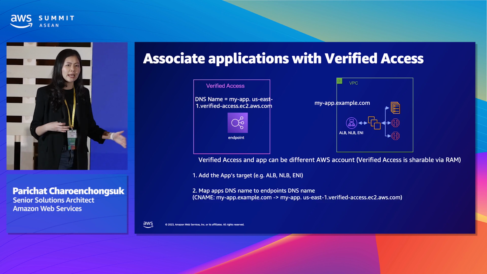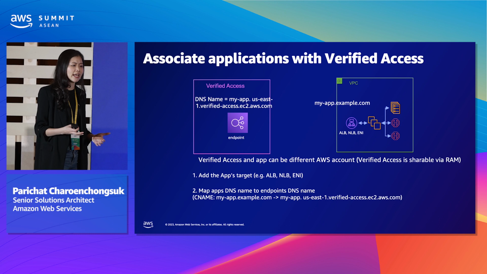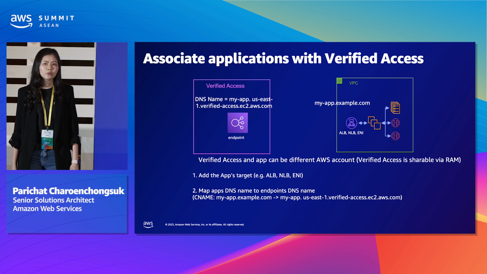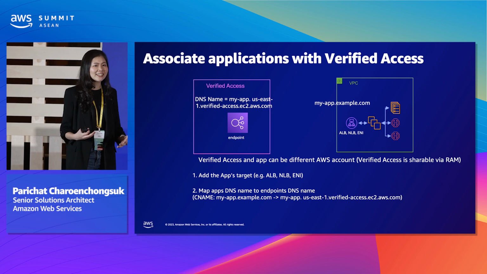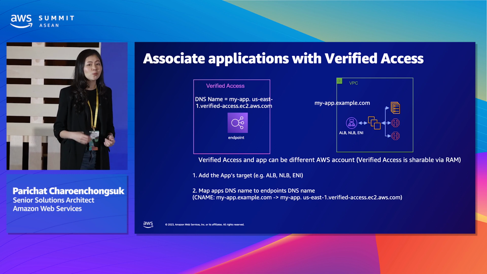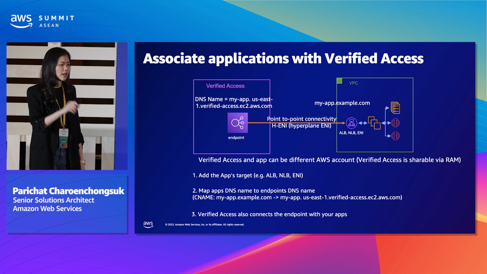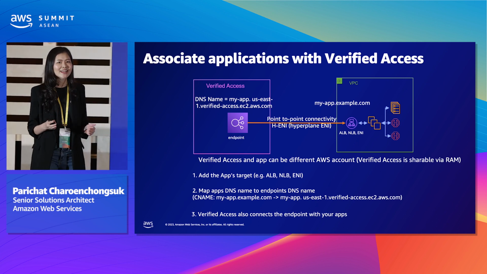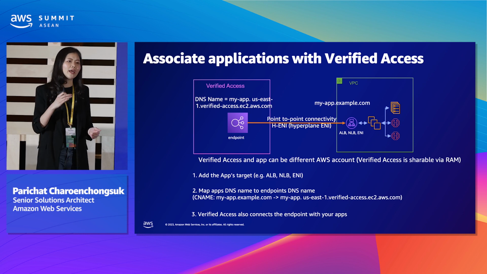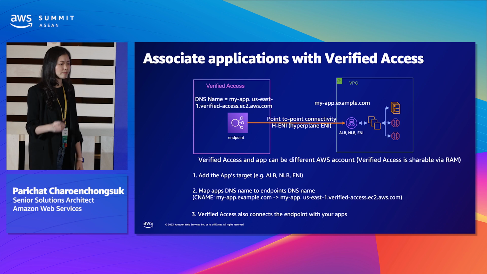Then you do the CNAME mapping to map your application name with the DNS name that Verified Access provides, so that your user can access the application with the same name. And then all requests will come to Verified Access, and it will evaluate based on the policy that you defined.